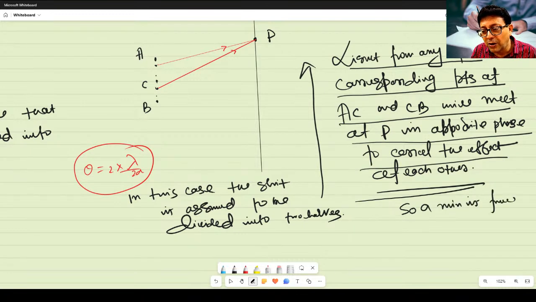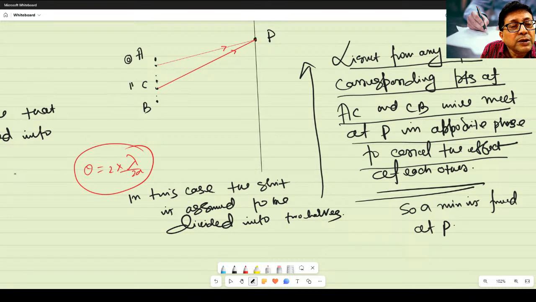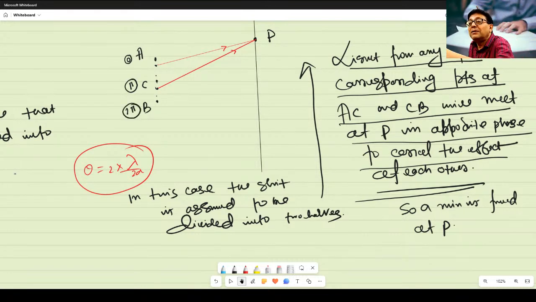Minima is formed at P. So if we assume that the phase here is 0, here it is pi, in terms of phase it will be 2 pi. So what is the difference between A and C? Pi. Pi phase difference means they are in opposite phase, they cancel the effect.